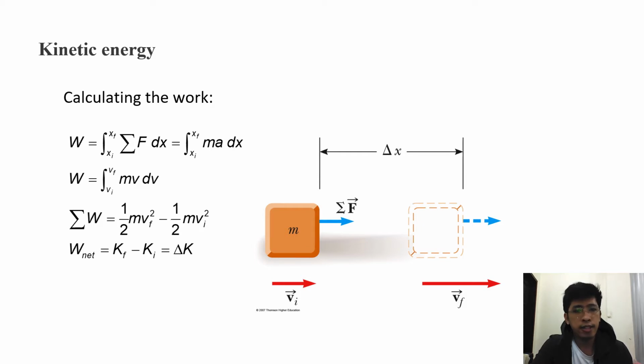The work is just equal to the integral of Fx dx, or the sum of all F dx. Here F is the force that you apply, which is equal to mass times acceleration. Your acceleration is the rate of change of your velocity, so you have dv over dt.